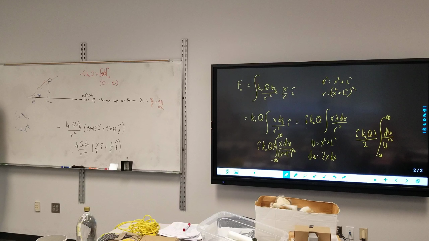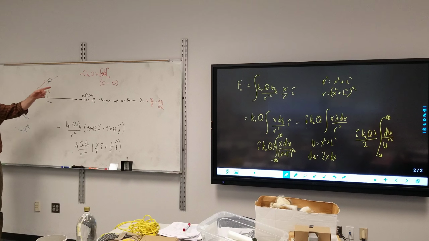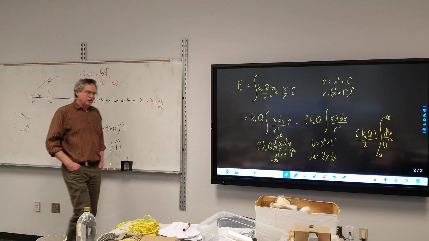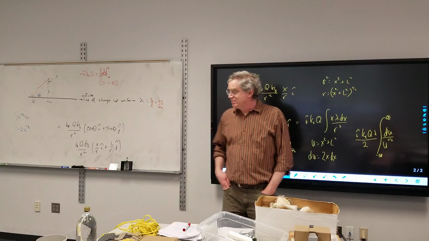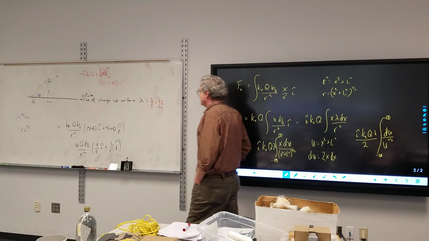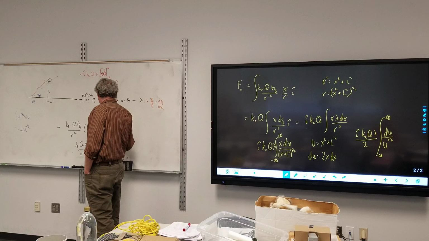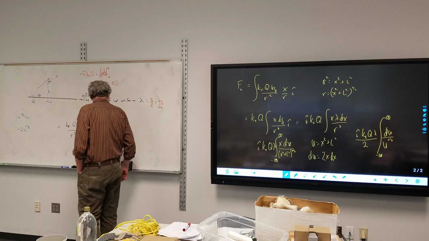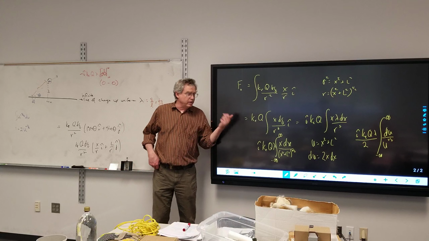So by symmetry, we should have gotten 0. We didn't have to do the math, but we did for fun. However, let's do the other one now. The j hat part. Questions on this before I erase?